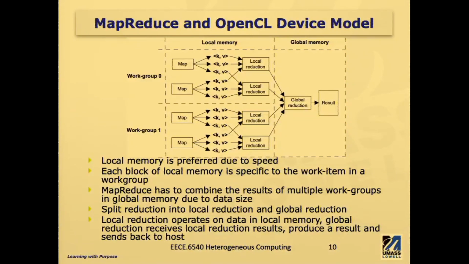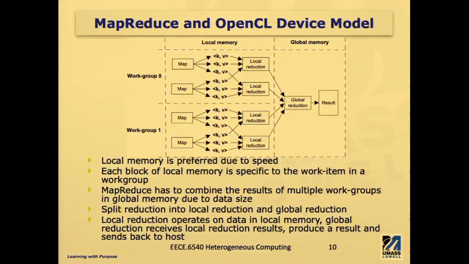So the local reduction is basically to look at all the key value pairs produced by all the mapping processors. In this case, it's not actually processors, but we know they're the smaller processing elements on the OpenCL device. So the work items, each of these processing elements, need to look at all these key value pairs.